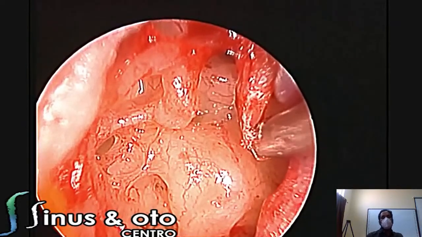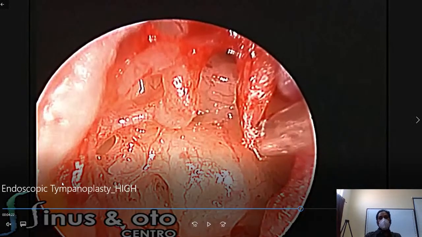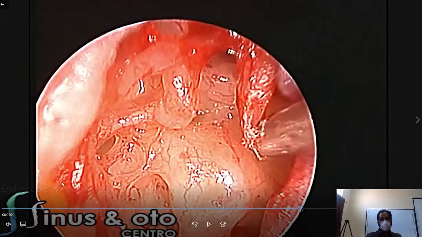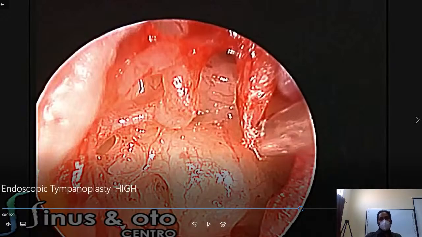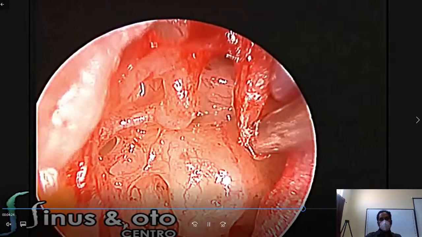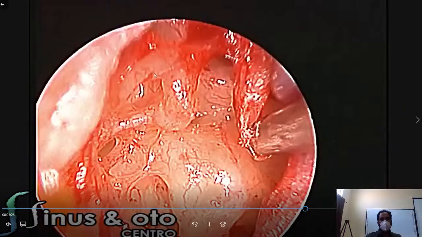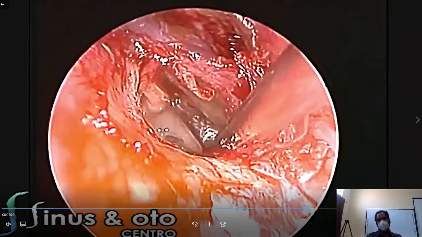See, now the surgeon is trying to see the ossicular chain mobility. So he touches the malleus and is trying to move it. That shows the movement of the incudomalleolar joint, followed by movement of the incus, and then the incudostapedial joint, and then the stapes. See, this is mobile, and here also it is mobile.